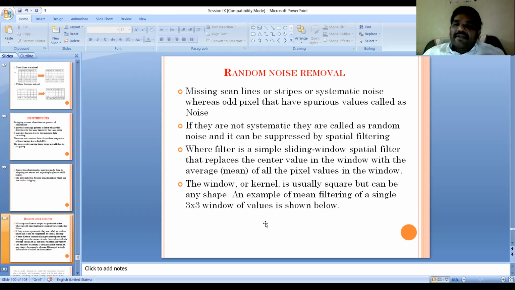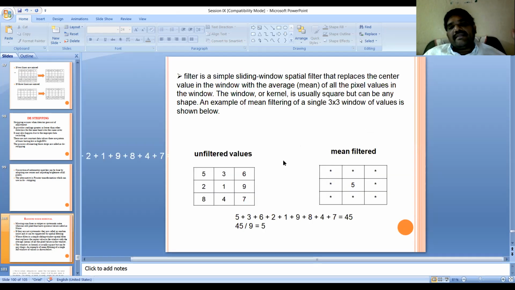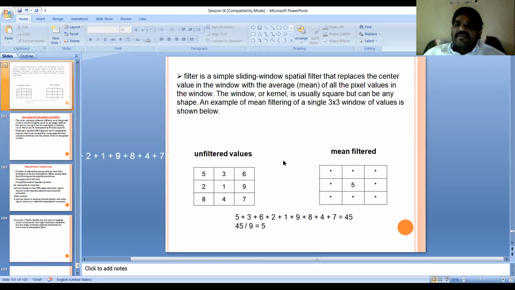What is happening in filtering here? A kernel, which we can also call a moving window. Simply by applying a moving window on a digital image, we can remove those errors. Let us have a look here. One value is somewhat abnormal.